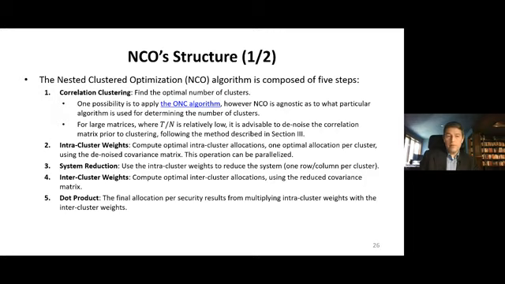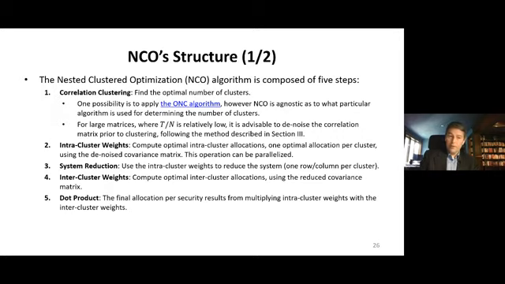Step number 3 is system reduction. Now that we have estimated the optimal allocations for each cluster, we can reduce the system. Instead of working with an n by n system, where n is the number of securities, we can operate going forward with a k by k system, where k is the number of clusters.